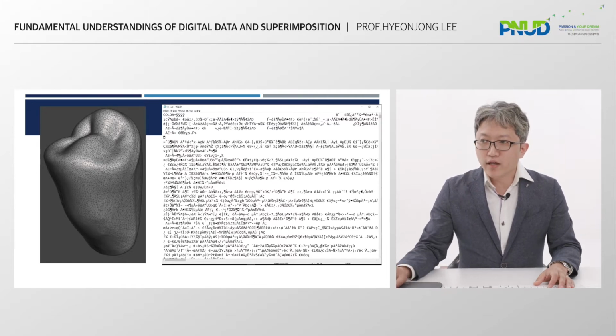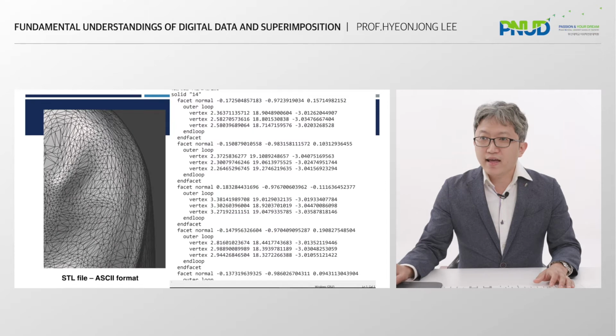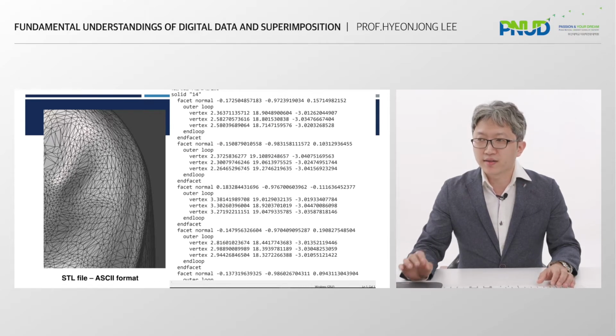This is the most widely used STL binary format. There are so many unreadable things here that we cannot read, but the computer can read this. And now we can read the information of this 3D data. This is the same STL file, but the format is not a binary file, but an ASCII file.